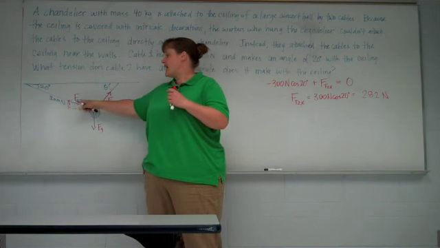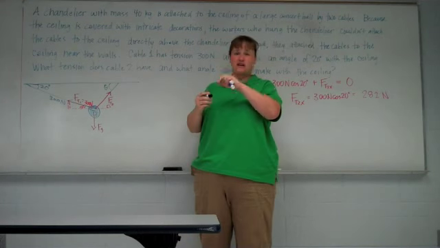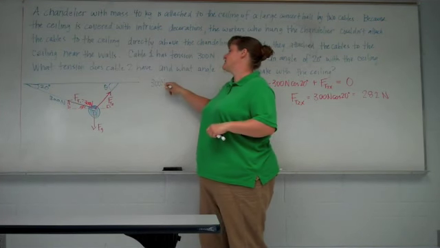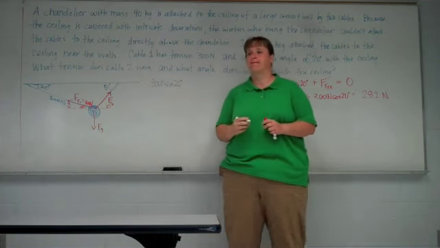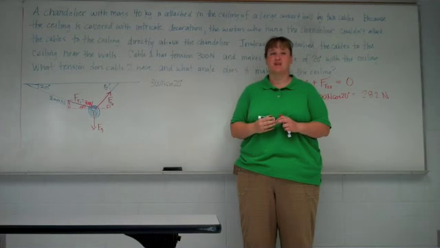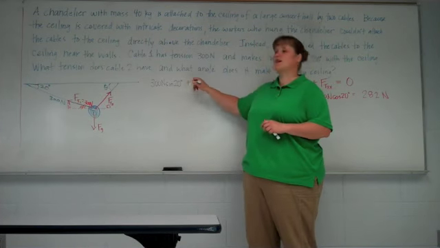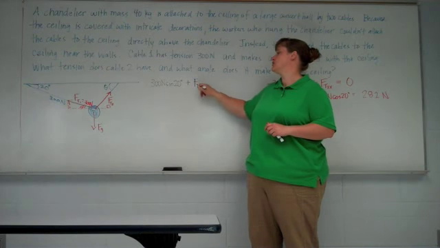Force of tension 1 has a y component. The y component is pointing upwards. It's 300 newtons times the sine of 20 degrees. You okay with that? Force of tension 2 has a y component as well. I'm going to call it force of tension 2y.